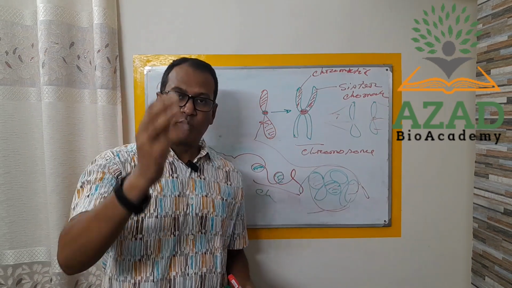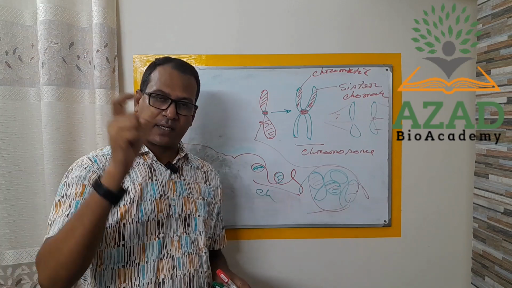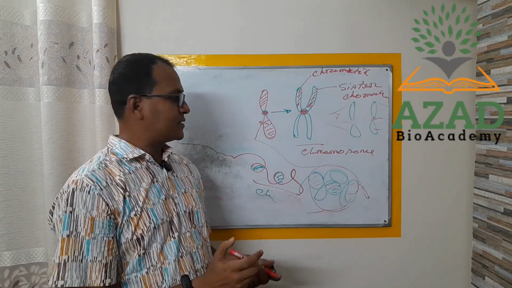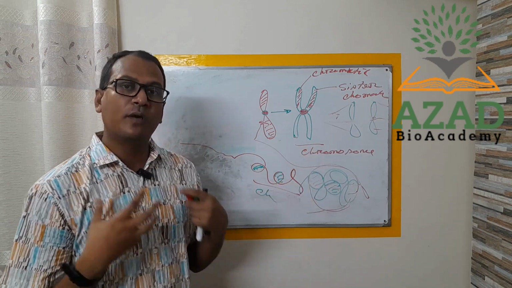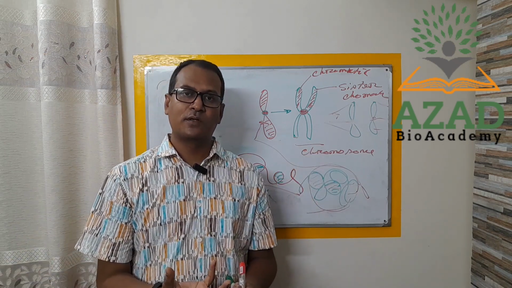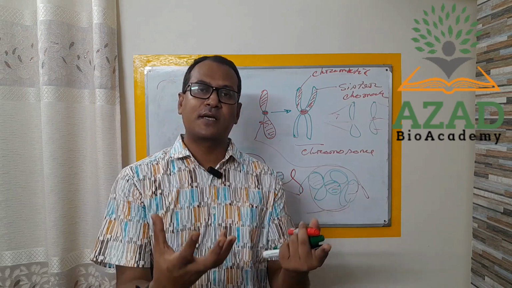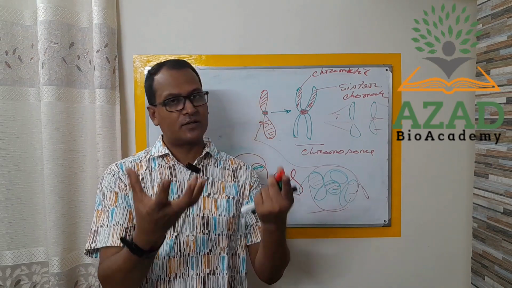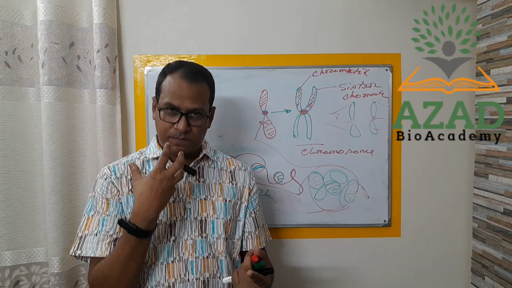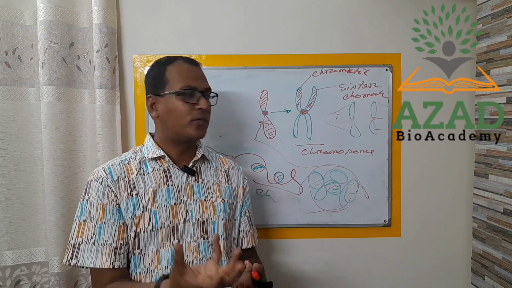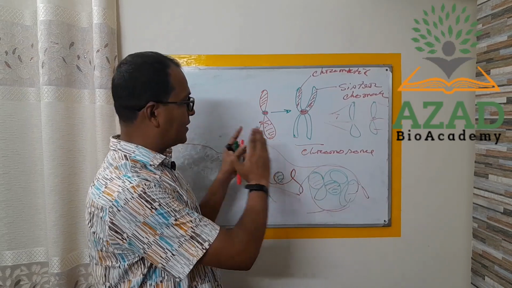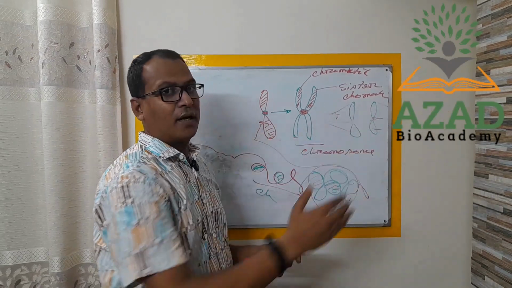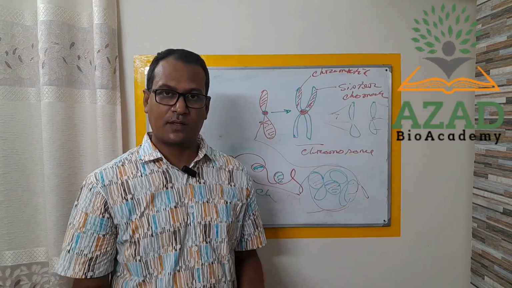So during cell division, at a particular stage the X-structure like chromosome will form. So how many chromosomes will form? You know 46 DNA molecules are present within the human cell. So 46 chromosomes will form like that, and then they will be separated identically into two cells.